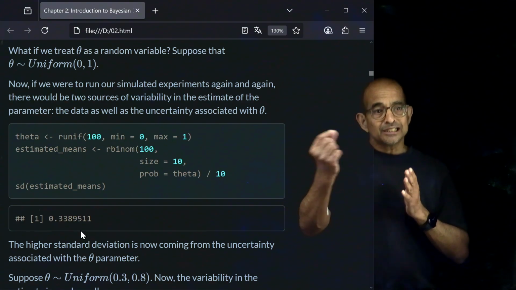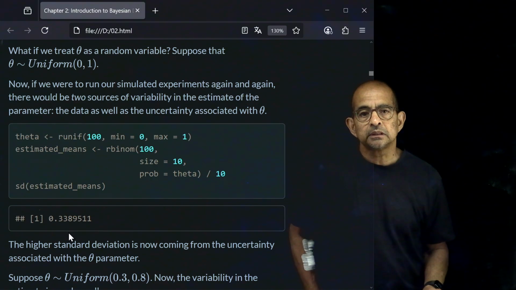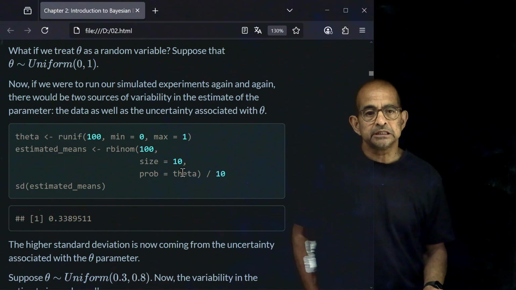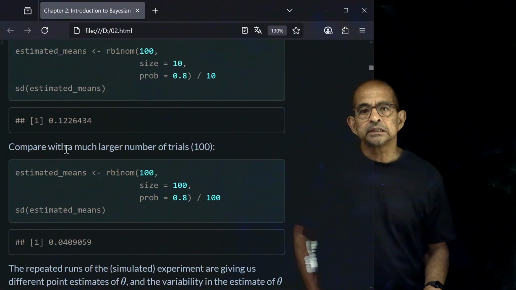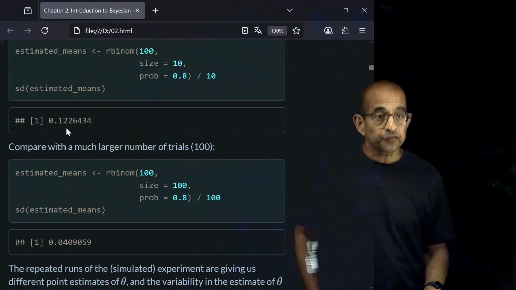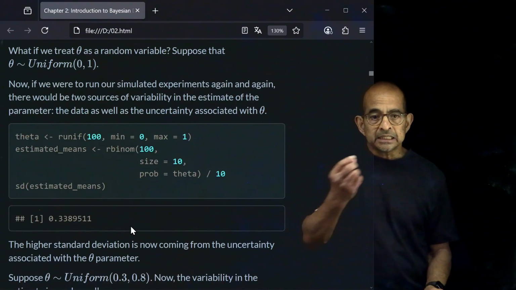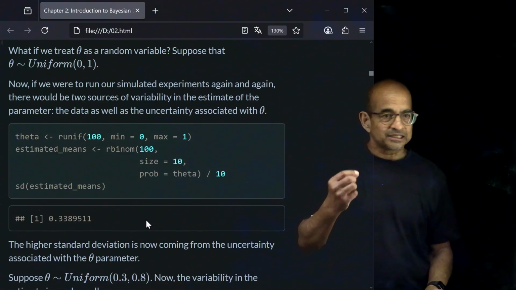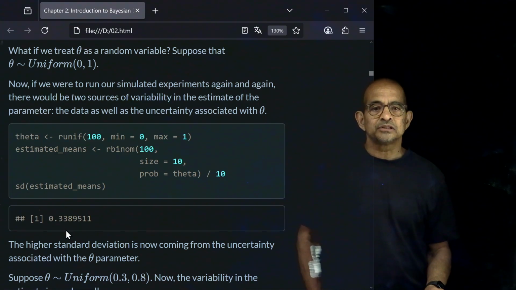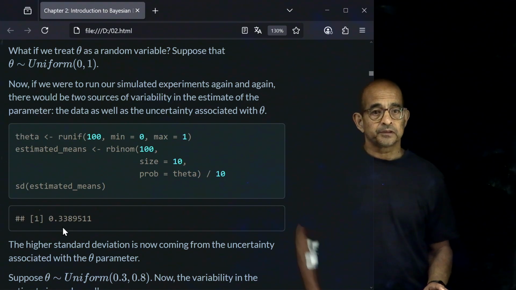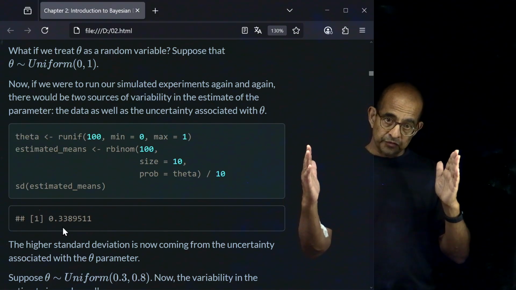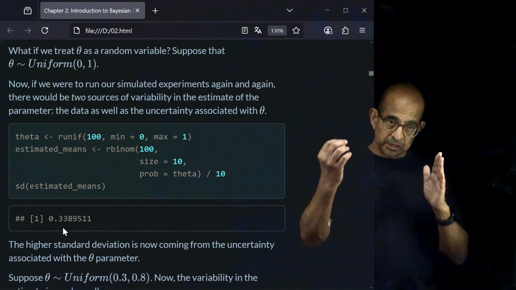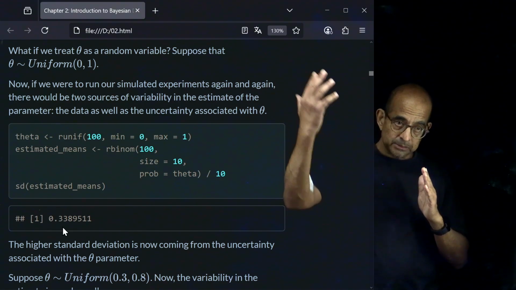And that additional uncertainty, if you compare this number, with 100 experiments, each of trial 10, I did that earlier, what you see is a standard deviation of the estimated theta parameters is 0.12, but now because I've added a prior distribution on theta, theta is no longer a point value, now the standard deviation is 0.33. Okay, so the uncertainty about the estimate of theta has increased as a function of the prior distribution that I specified on theta.